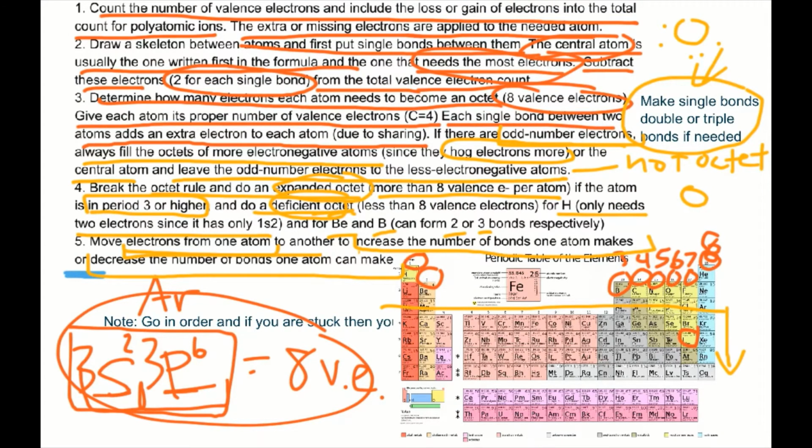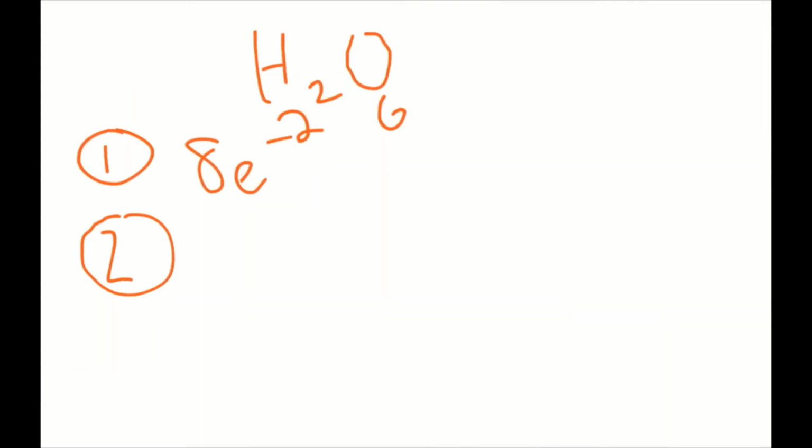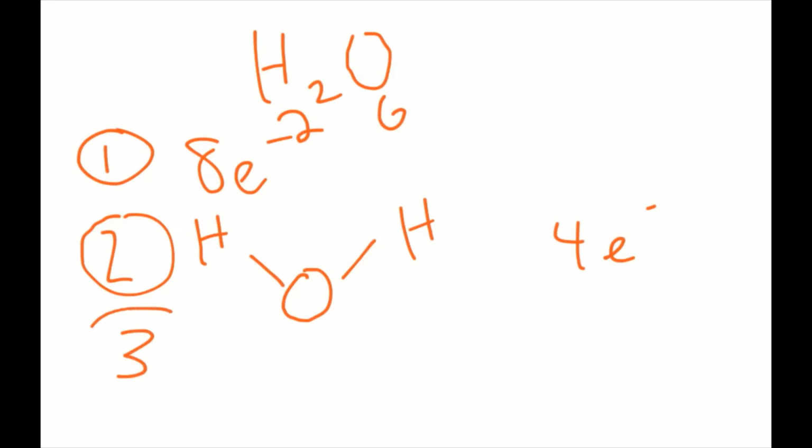It's usually the one written first, but in this case, it is not. So, O will be in the middle, and the 2 H's will be attached to it by single bonds, and since there are 2 bonds, you subtract 4 from 8 to get 4 electrons left, since each bond holds 2 electrons.